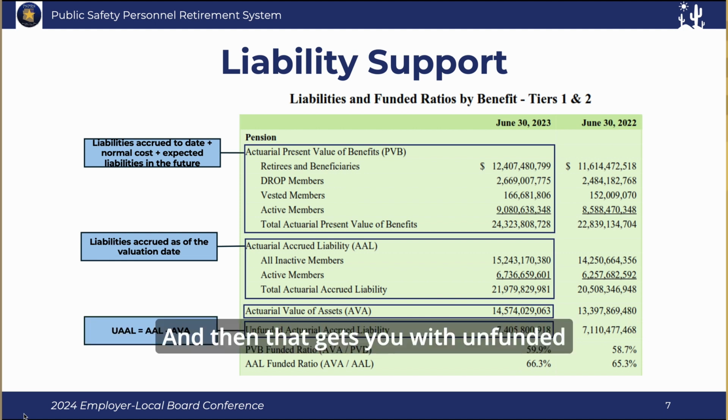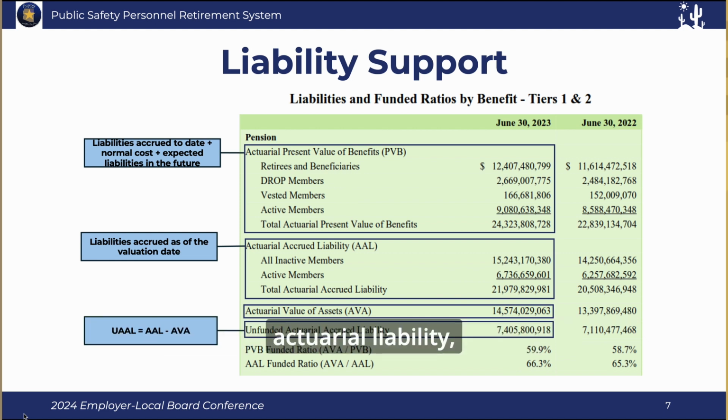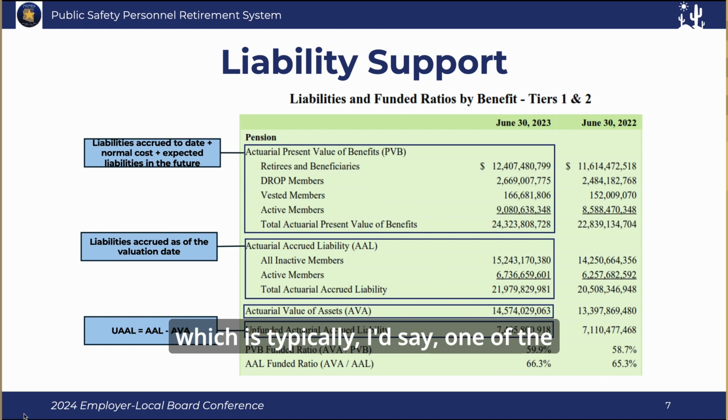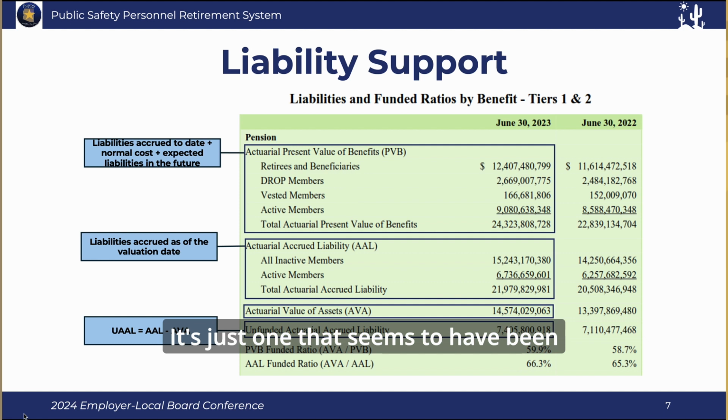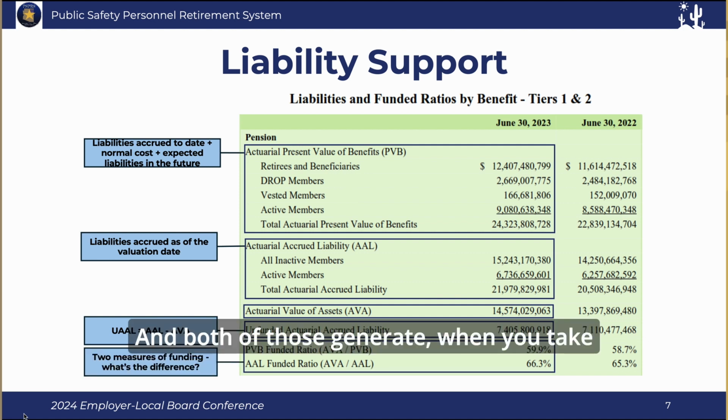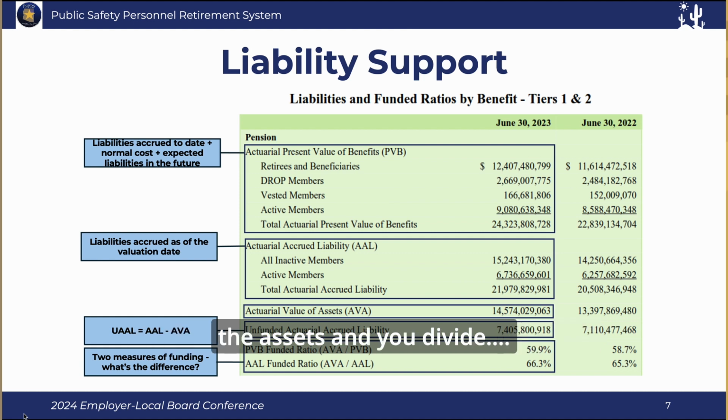And then that gets you to your unfunded actuarial liability, which is typically one of the more frequently talked about metrics when you think about what the media writes or what people are looking at. It's not the only metric, it's just one that seems to have been very prevalent out there. And both of those generate, when you divide the assets by the liabilities, the funded ratios. So we've got these two measures of funding.